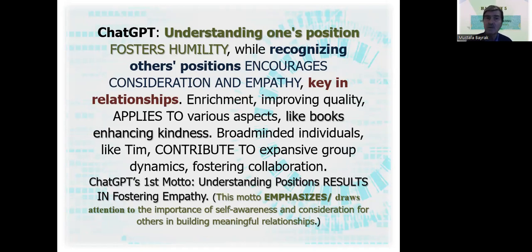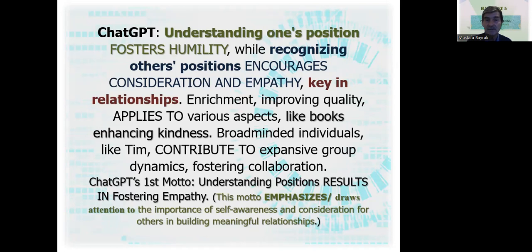Enrichment, improving quality, applies to various aspects like books enhancing kindness. Broad-minded individuals like Tim in the presentation contribute to expansive group dynamics, fostering collaboration.